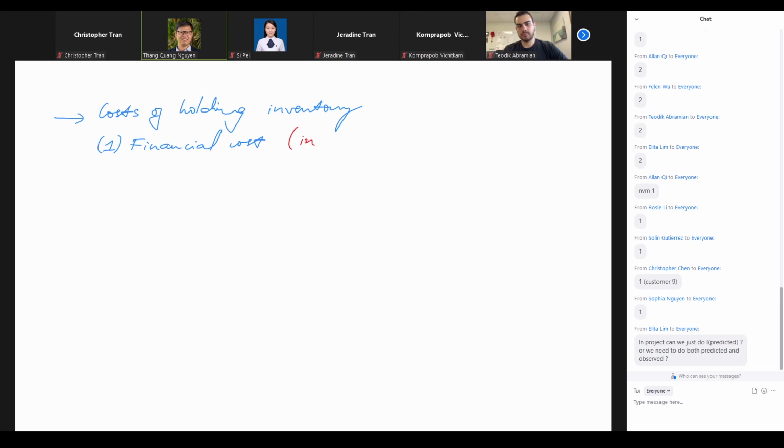This is a very big cost item for any retailer. So it means that the longer you keep the items on the shelf, the more cost it is for you to pay the bank, right?